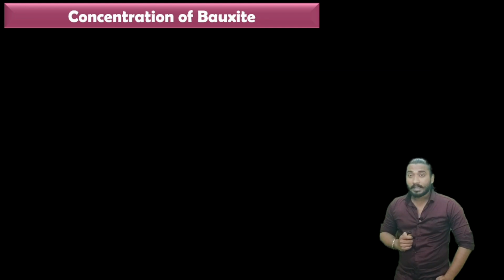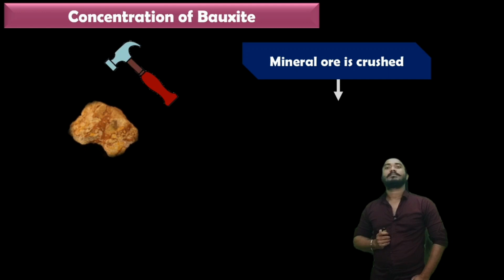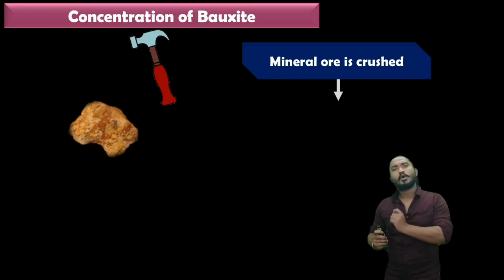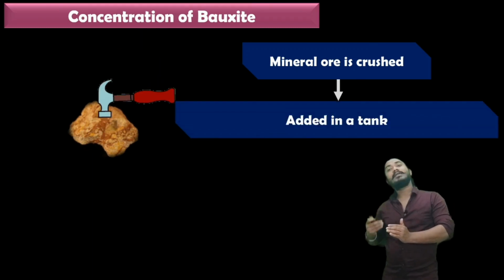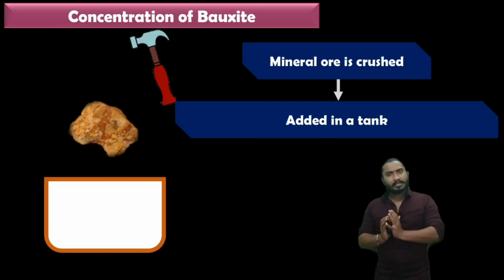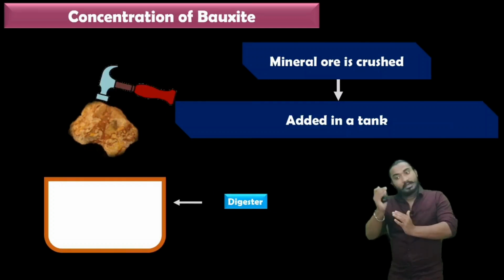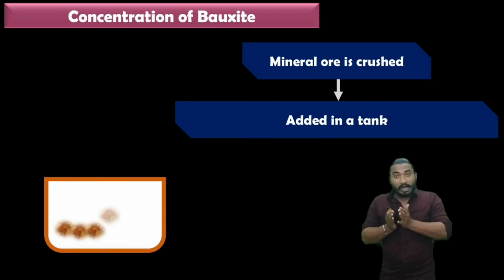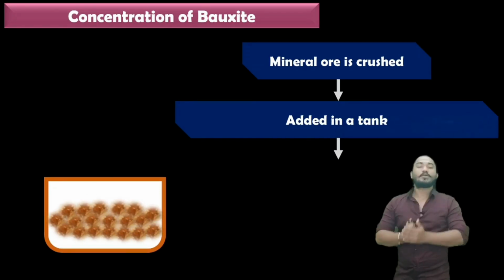Now, in this step, concentration of bauxite, what is done? The mineral ore is crushed. It is converted into small pieces, small particles, and this crushed ore is added in a tank. The tank is called a digester. In this tank, the crushed ore is added step by step, and then after adding the crushed ore, we add sodium hydroxide.